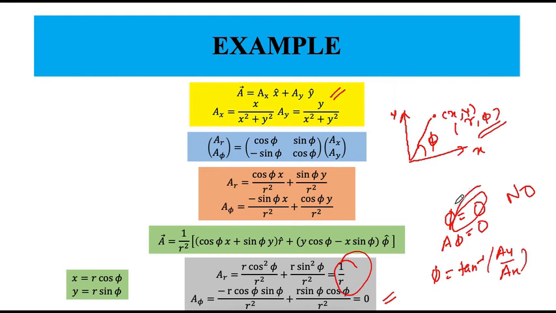So you will see that phi will not be 0. This is a very important step for me to highlight to you. Just because the phi component is 0 doesn't mean that phi is also equal to 0. This is not correct. Do not think that if the A phi component is 0, phi is also 0.